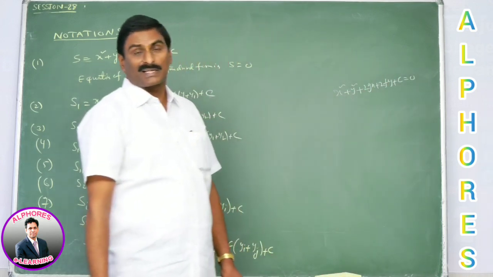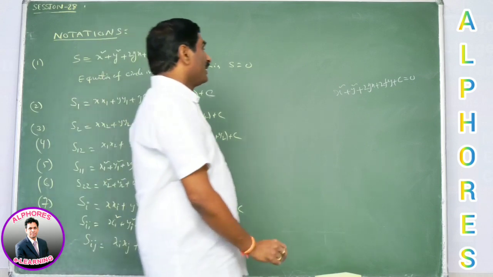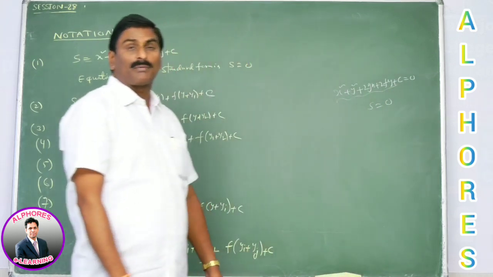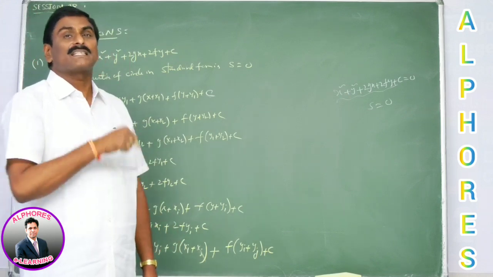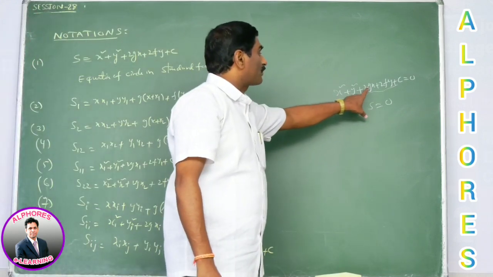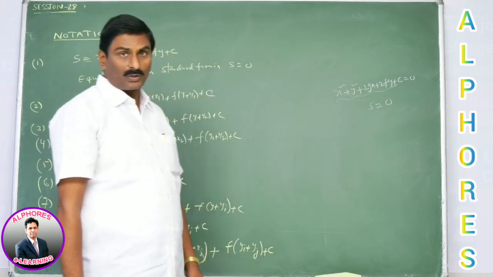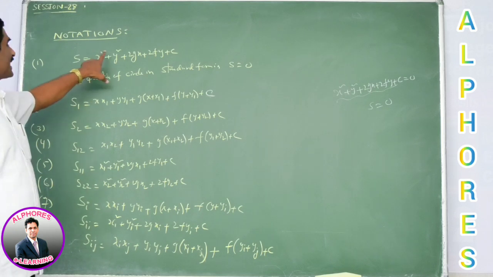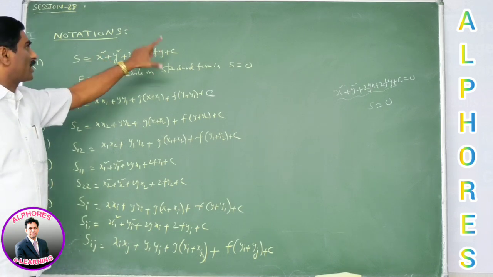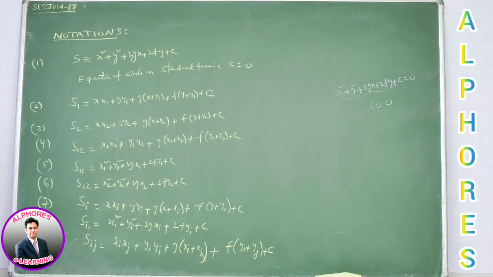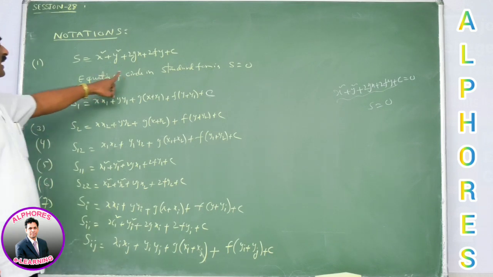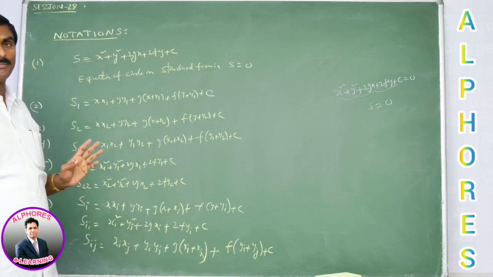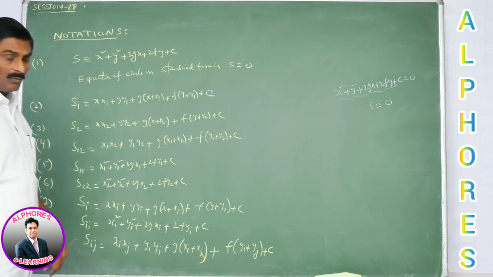Simply, this expression is denoted by S. That means the equation of the circle in standard form is S = 0, where S = x² + y² + 2gx + 2fy + c. Okay, please note these points. S means this expression.